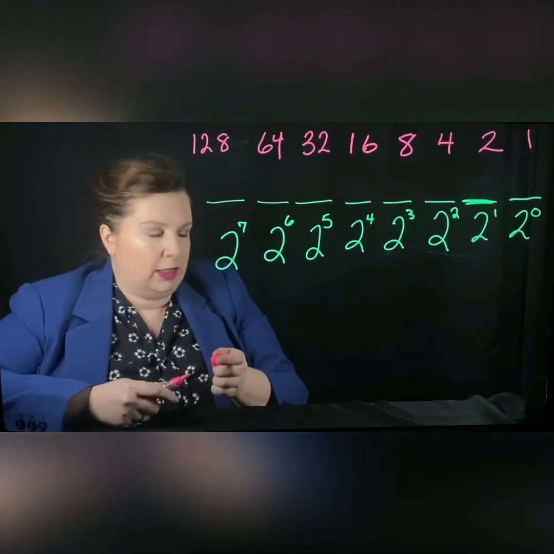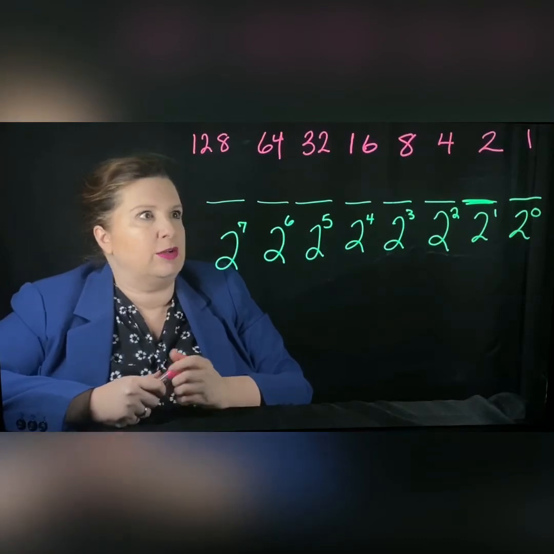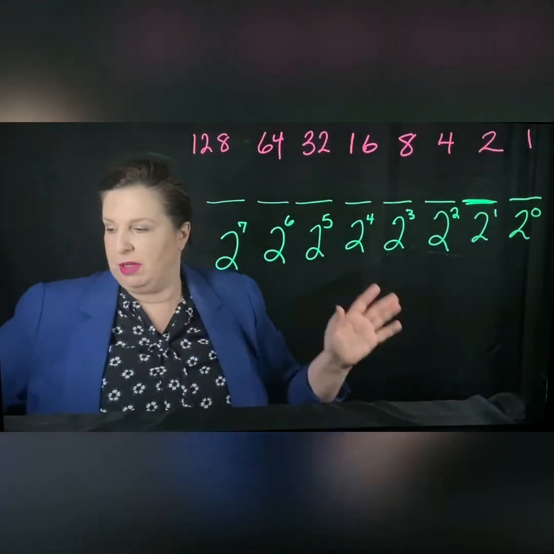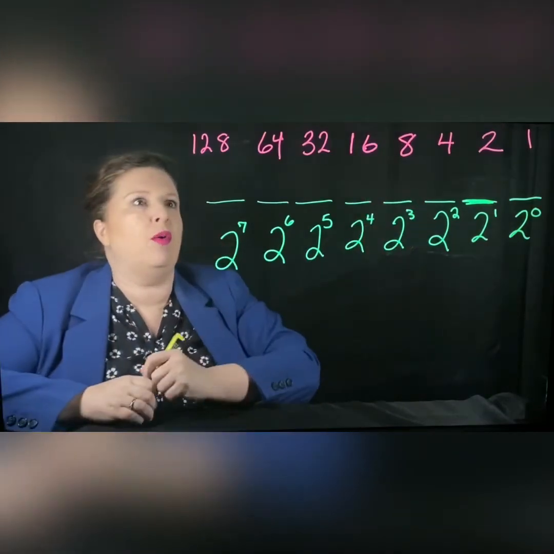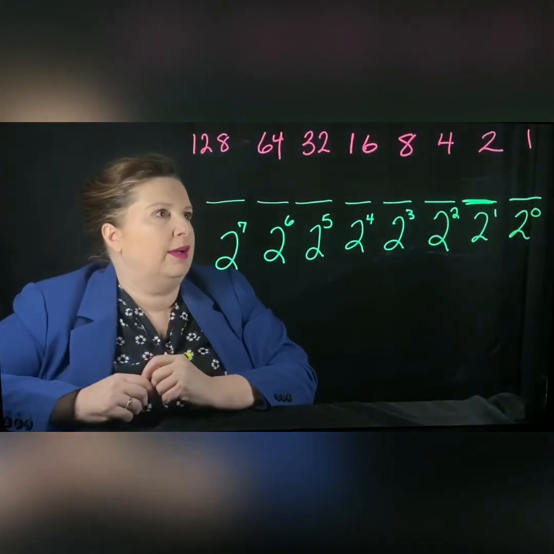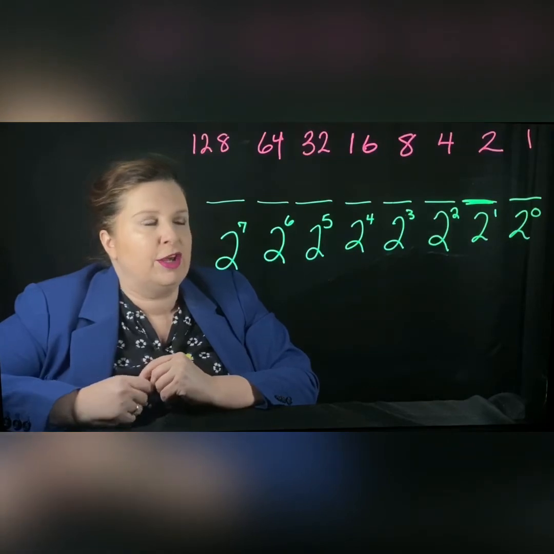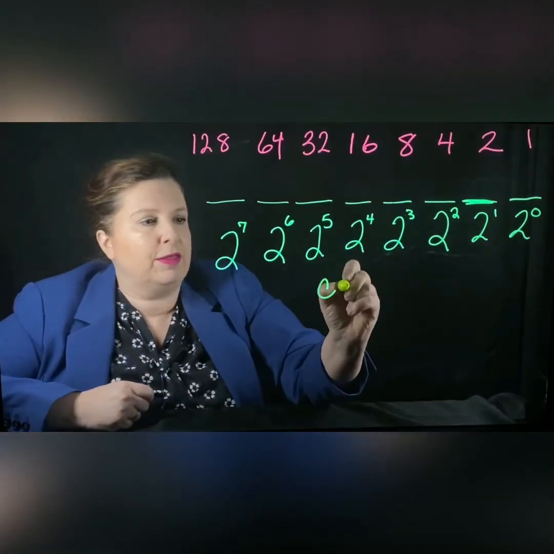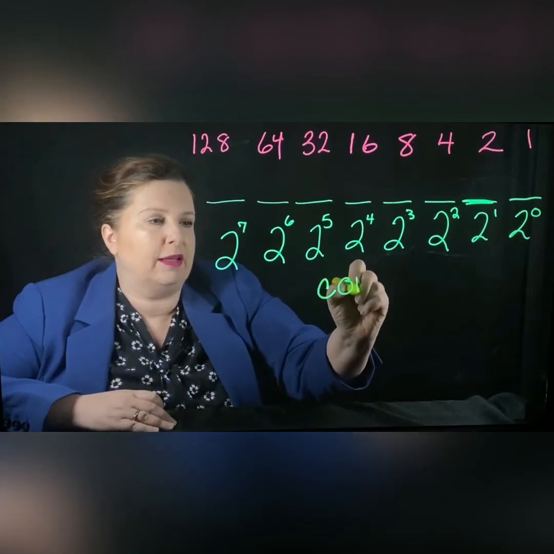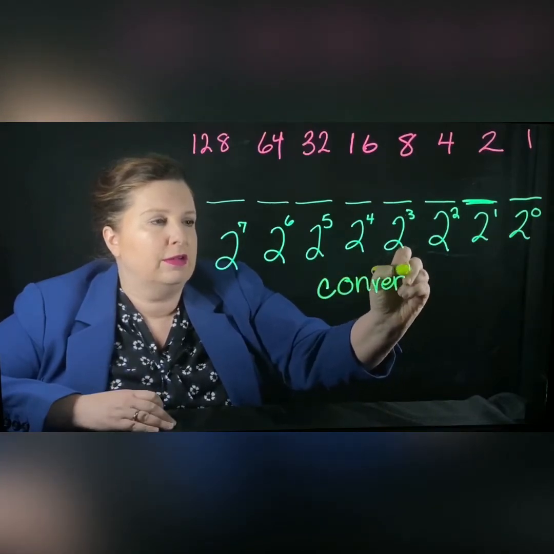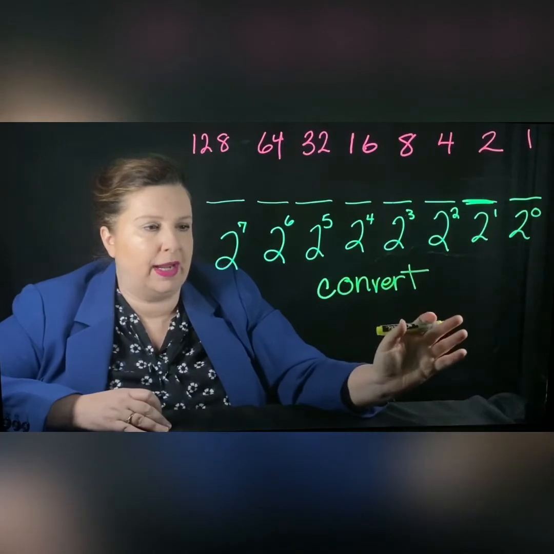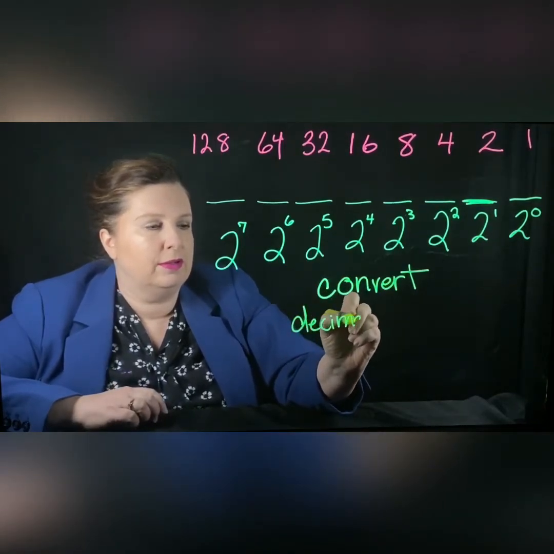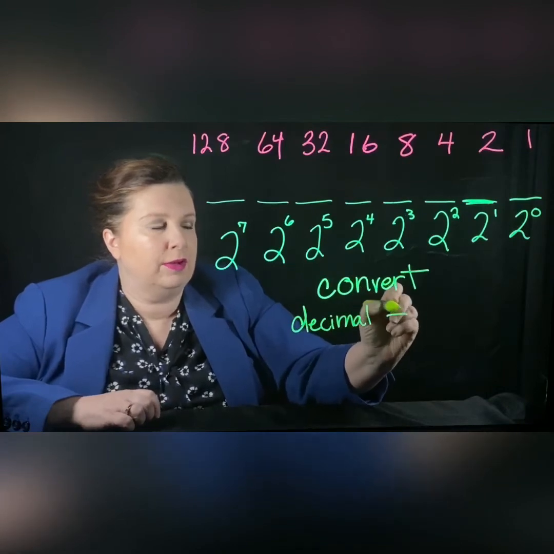At some point you will need to memorize this or at least be able to write it out, but for now, you can just know that this is how you come up with the place values. So then the issue is that we need to convert a decimal number to a binary number.